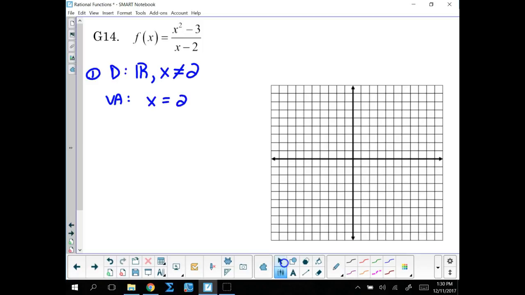Horizontal asymptote: none. The degree on top is bigger than the degree in the bottom, right?